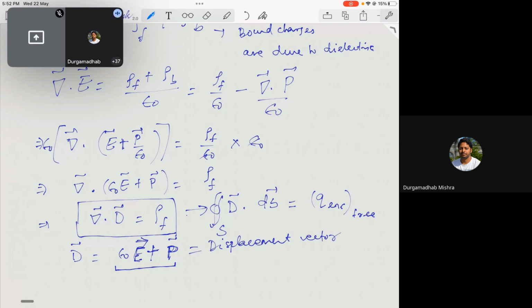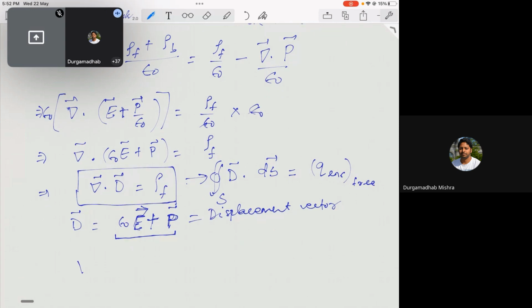This is similar to your earlier expression where we said del dot E is rho by epsilon naught, or the integral of E dot dS is equal to Q enclosed. In that case we did not bother about free or bound charges, but in case of a dielectric, we have to take care of the bound charges which appear due to this electric field which polarizes the dielectric material.